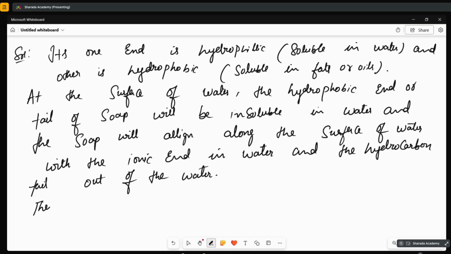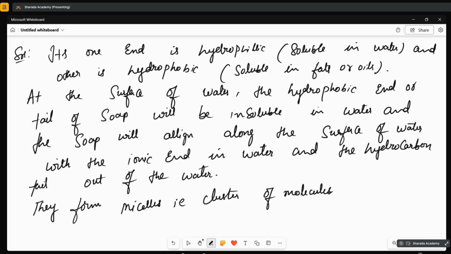The molecules form micelles, that is a cluster of molecules.